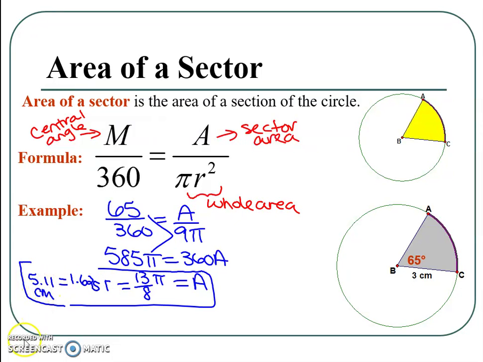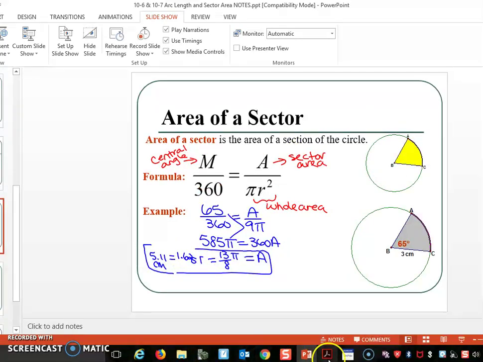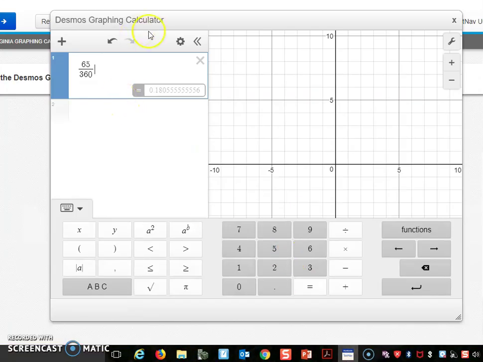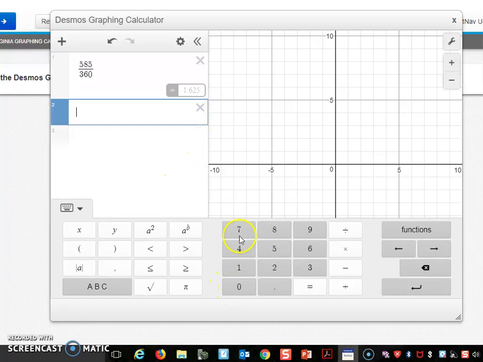And let me show you that on the Desmos calculator. You can X out and clear. And then you're going to do 585 divided by 360, which gives you 1.625. Go to the next thing, 1.625, and then hit pi.